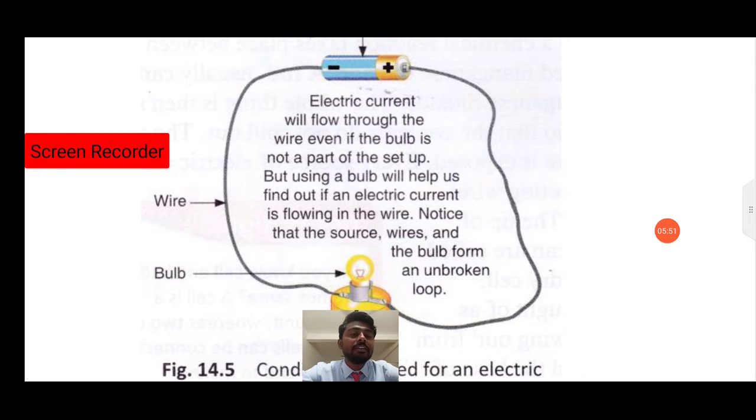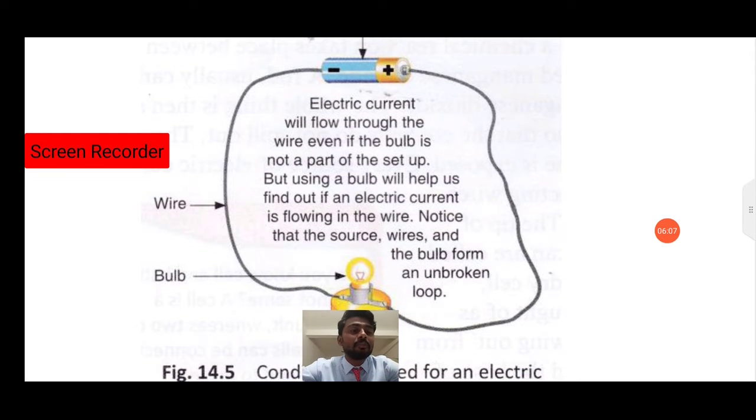But using the bulb helps us find out if an electric current is flowing in the wires. Notice that the source, wires and bulb form an unbroken loop.